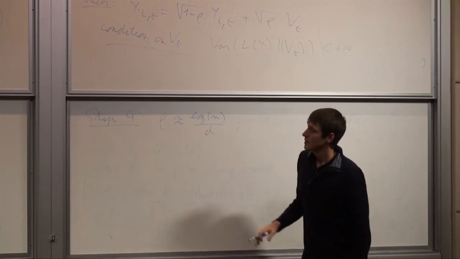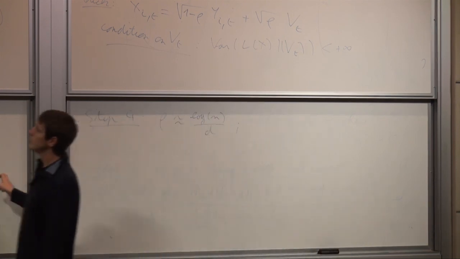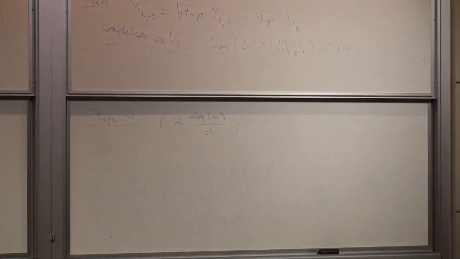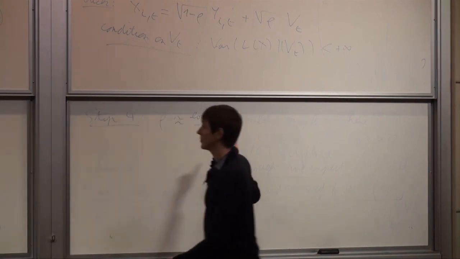Then, what does step 2 tell us? Step 2 tells us that if k is smaller than exponential of a constant times d rho squared, so what is rho squared? It's log squared n over d squared.